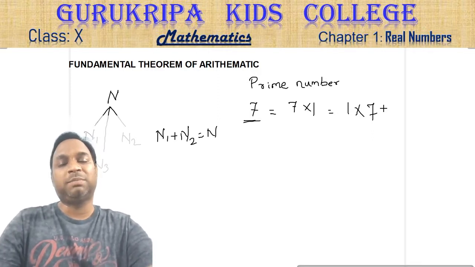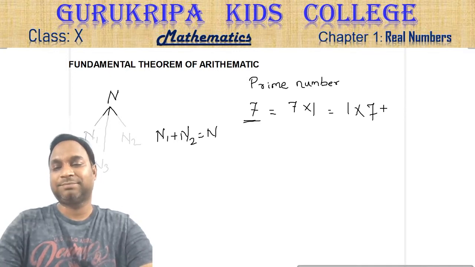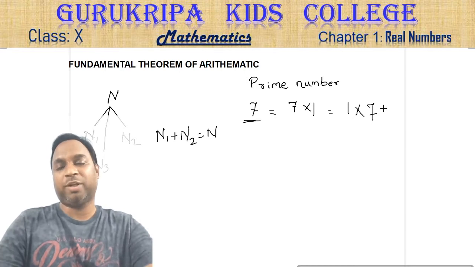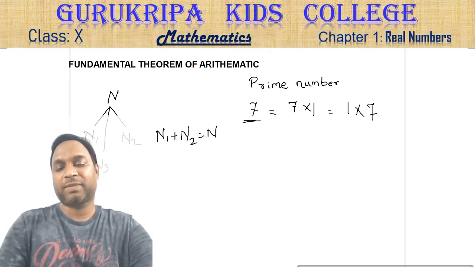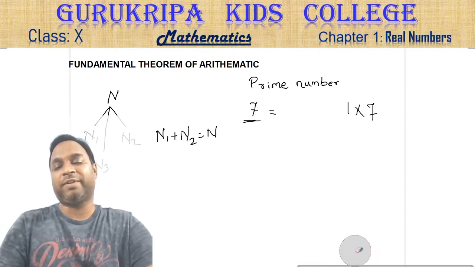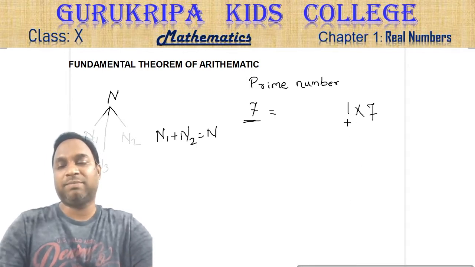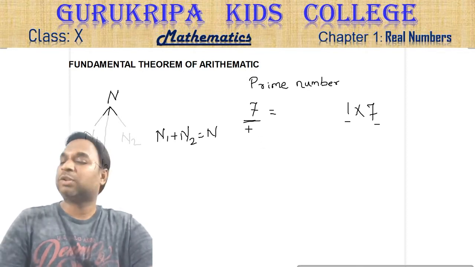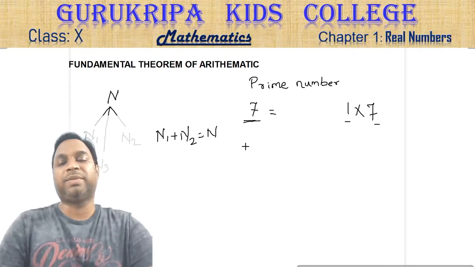No. With multiplication, there is only one possibility, which is 7 into 1 or 1 into 7. Let's say we'll write it in ascending order, so we'll just consider 1 into 7. We'll not write the numbers in descending order. First, we'll write the smaller number and then the bigger number. So there's only one way to express it as a product of two numbers.